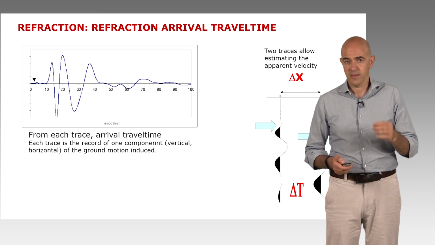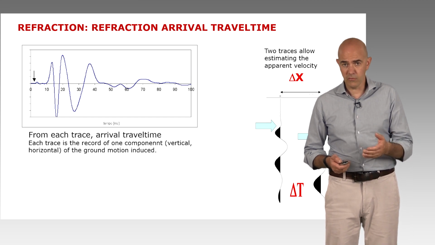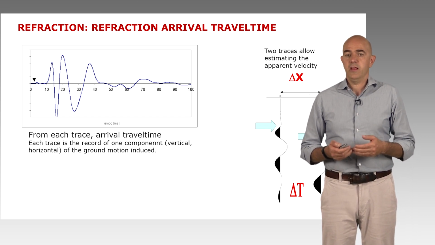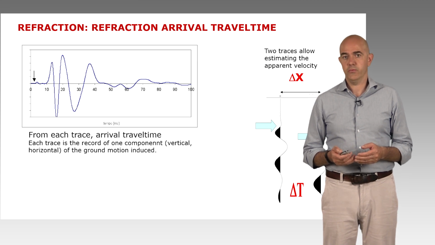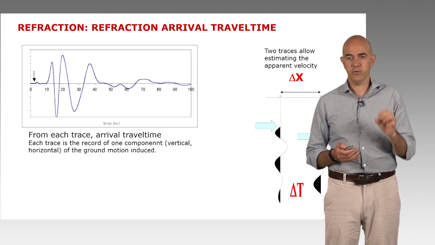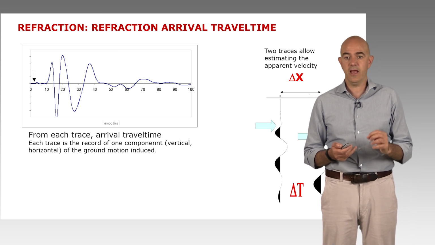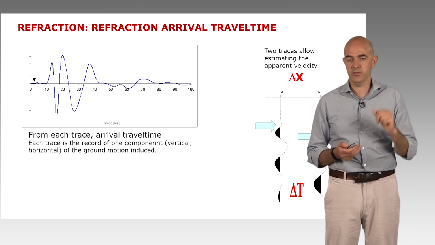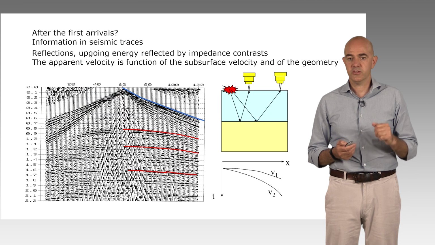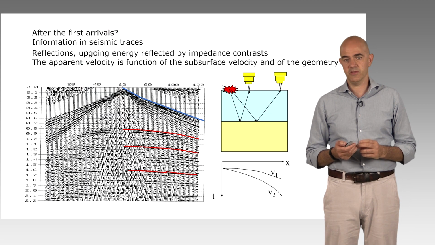So when we have records of traces with a refracted component in the wave field, we can pick the arrival time, and we can identify the distance between receivers. You see here in this pair of traces the delta x, and the delta t will be the time difference between the two.